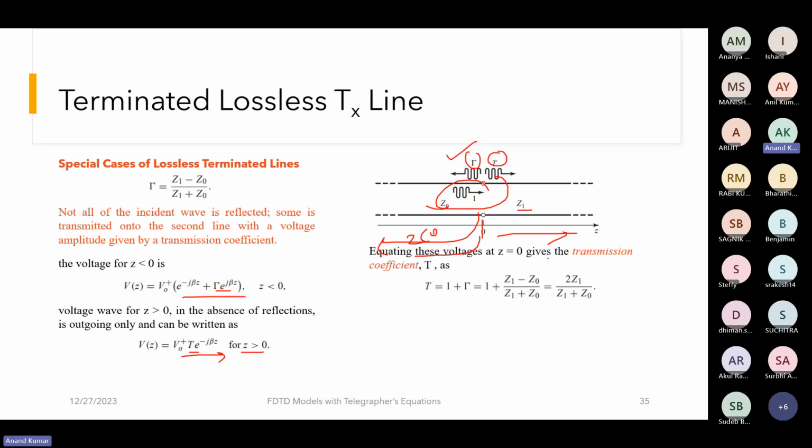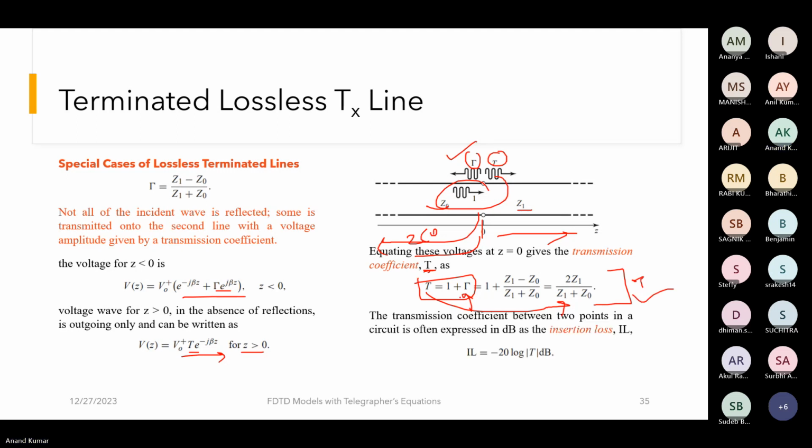The transmission coefficient is represented by T, and there's this relationship which exists: T equals 1 plus gamma, and we can substitute the value of gamma over here to get the expression for the transmission coefficient. So this is all standard textbook stuff. Need not worry, just go through them. And this is important. So whatever is the wave which was transmitted to the next transmission line.